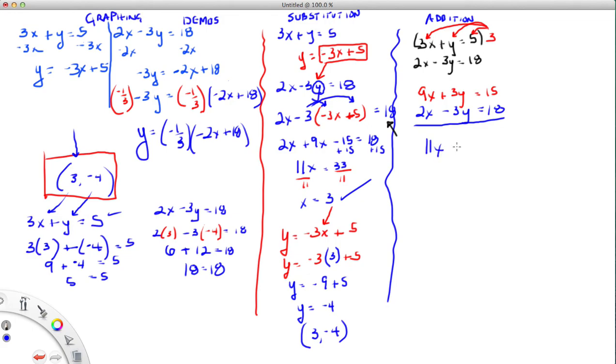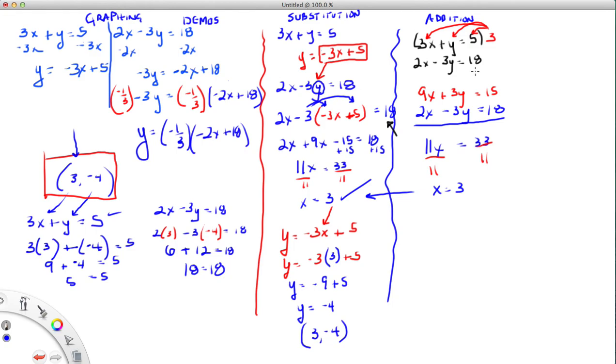Anybody want to venture what the answer is going to be? 15 plus 18 is 33. Does that look familiar? I divide both sides by 11 and I get x equals 3, which is what we had right over here. But I solved it an entirely different way.